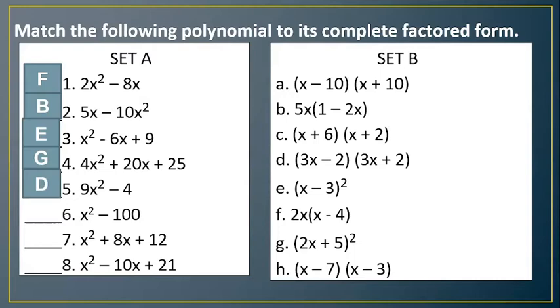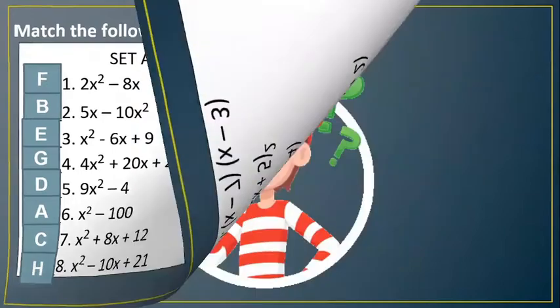That's letter D. Number 6, the factor of x squared minus 100 is x minus 10 times x plus 10. Number 7, the factor of x squared plus 8x plus 12 is letter C, x plus 6 times x plus 2. Finally, the factor of x squared minus 10x plus 21 is x minus 7 times x minus 3.